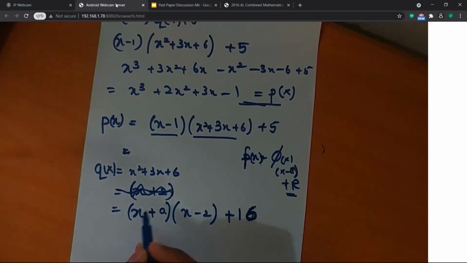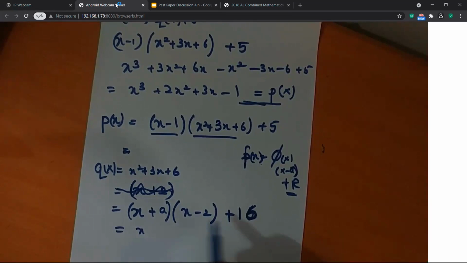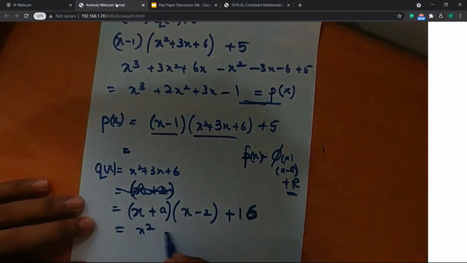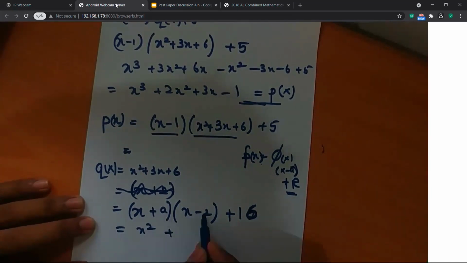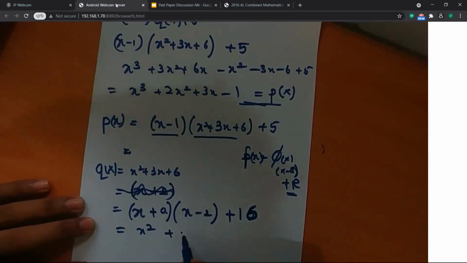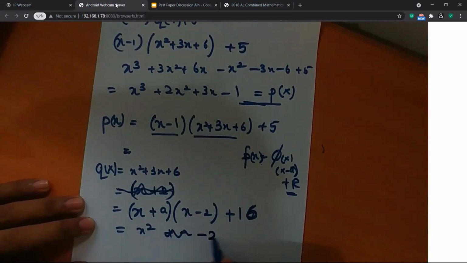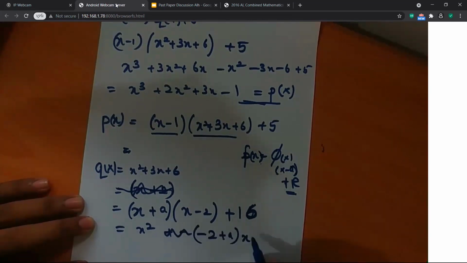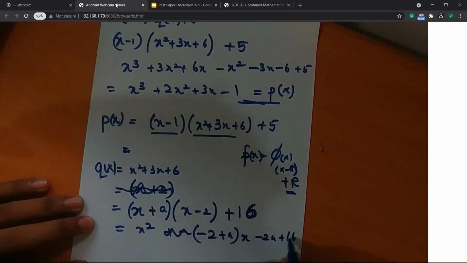So this can be written as x squared, or you can compare the coefficients. x squared minus 2x plus ax minus 2a plus 16, that is x squared plus (minus 2 plus a) times x minus 2a plus 16, right?